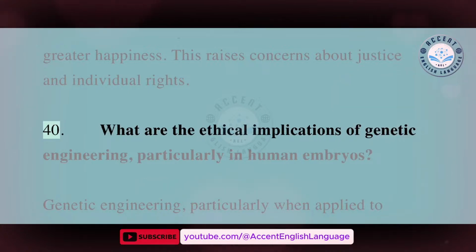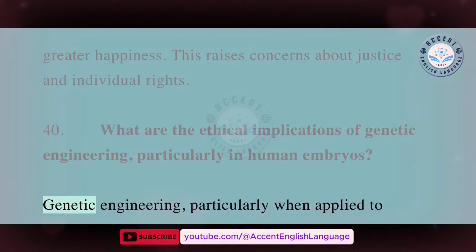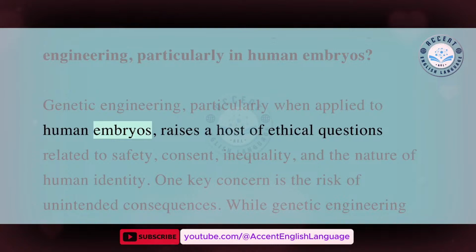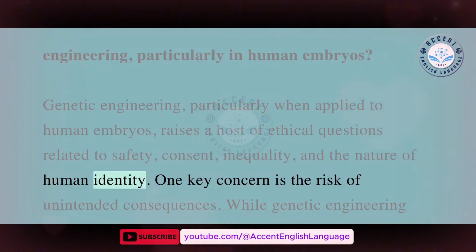40. What are the ethical implications of genetic engineering, particularly in human embryos? Genetic engineering, particularly when applied to human embryos, raises a host of ethical questions related to safety, consent, inequality, and the nature of human identity.